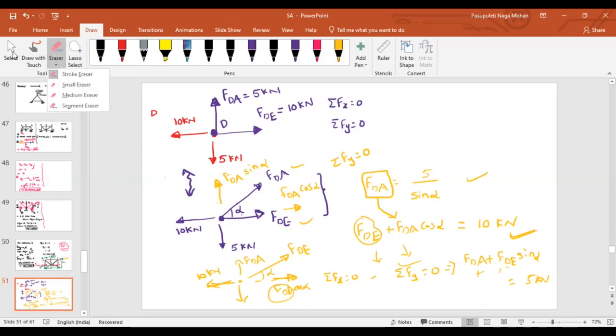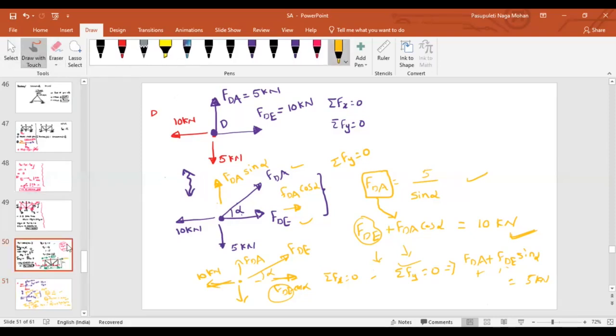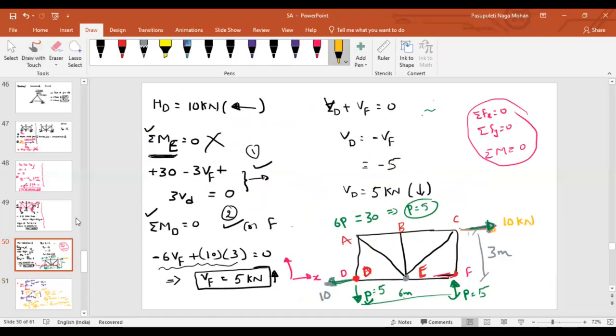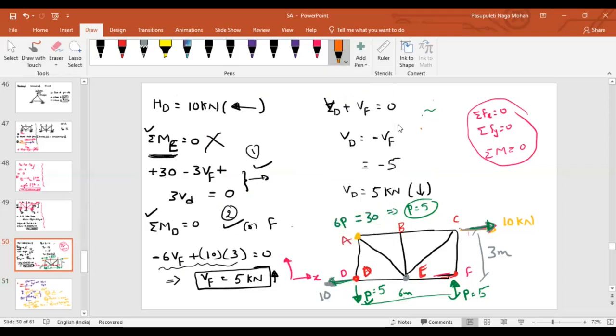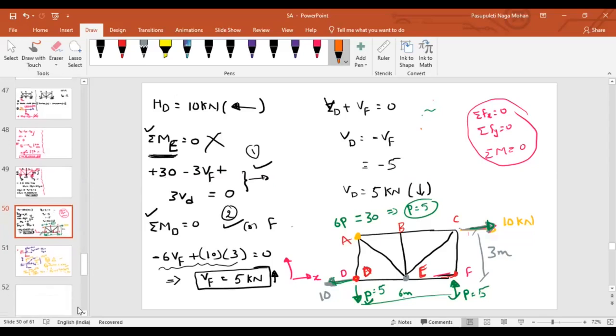Now I am done with D. Can I go to A? If I go to A, how many unknowns will be there? Three, sir. Even though three members are connected, I already know the force in member AD, so that's why there are two unknowns, I can find them out.